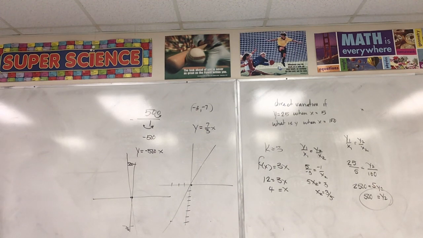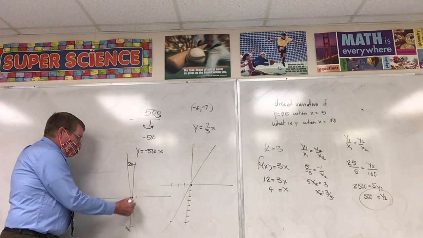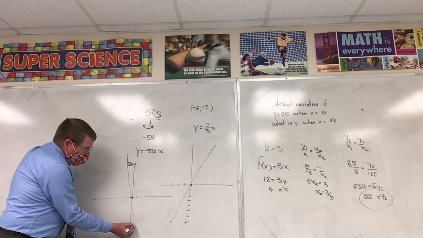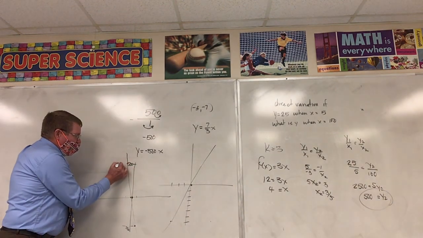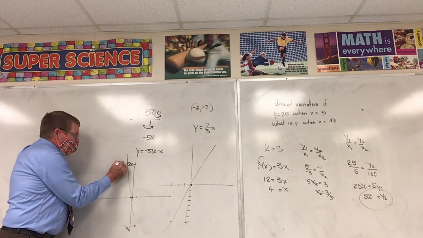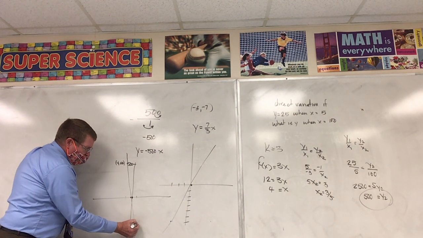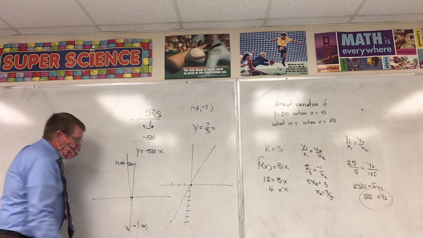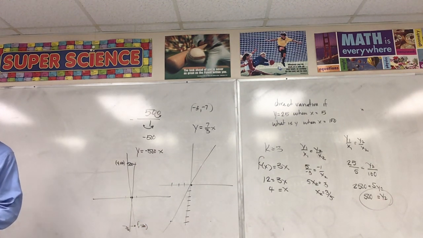So this would be negative 1, this would be 1. And that's all I need you to do. Write your points here, and you can write negative 1, 500, and then you can put 1, negative 500. That's all I need you to do when you graph.